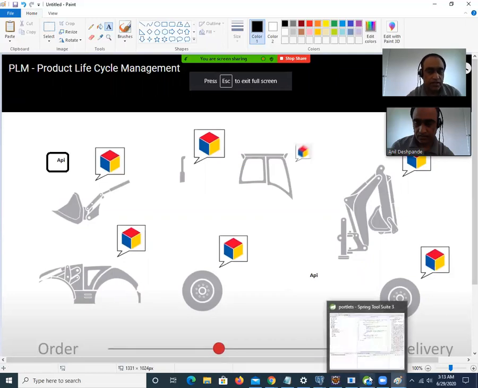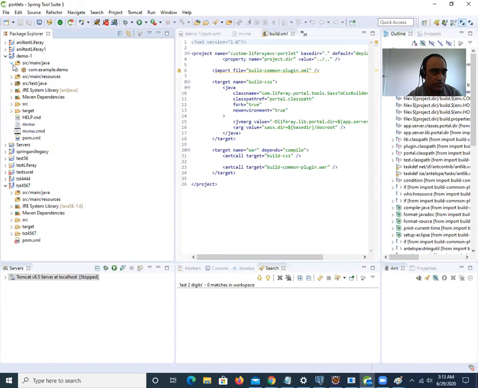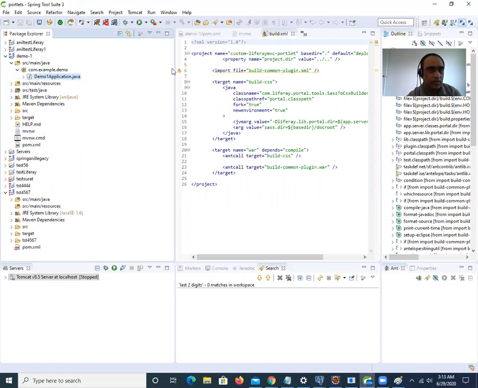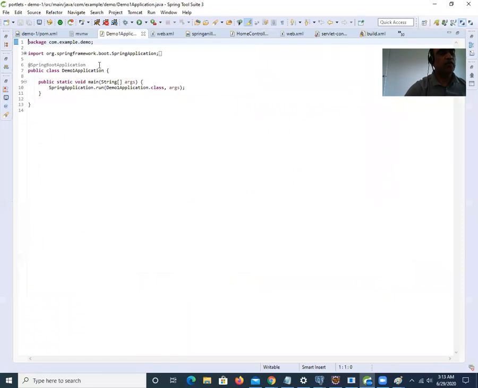Let's see one of the applications of Spring Boot now. Let's think of a demo example I'm talking about. This example is using one annotation. What did this annotation do for you?